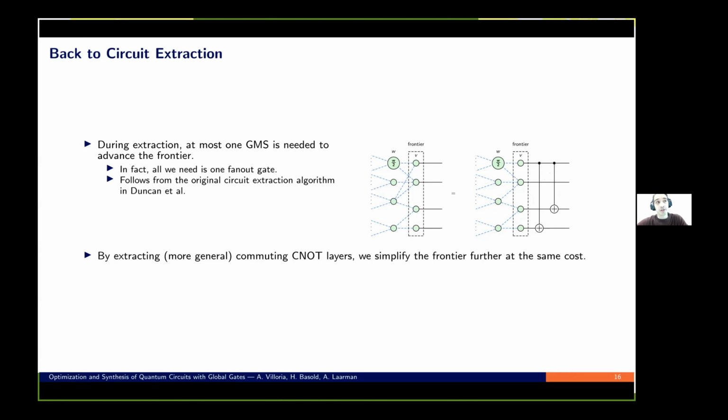But of course, ideally we would not only extract a single vertex, but we want to extract as many vertices as possible with the least amount of CNOTs also, hopefully. So the idea is that we want to extract a single global gate, but if we can also reduce the number of CNOTs that we need for this, it would also be better, because then you have fewer qubits that are active at that moment.